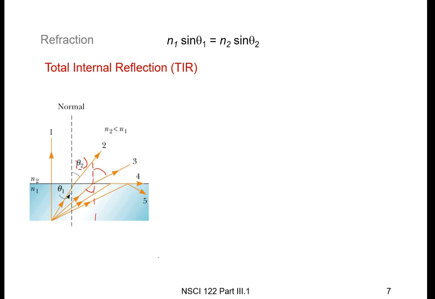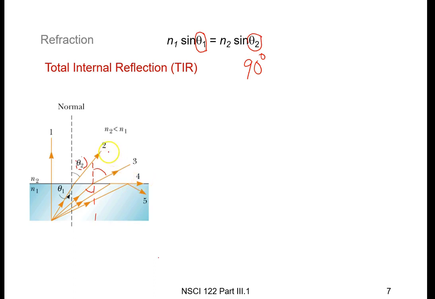So as you increase the angle of incidence, the light gets bent further and further away from the respective normal line. But an interesting thing happens, and that's shown in ray 4 here. You'll get to a point where this angle theta 1 is at a certain value where Snell's law says that theta 2 is 90 degrees, which means that the transmitted ray goes right along the interface, and that's shown in ray 4.